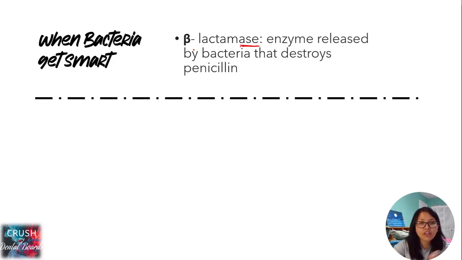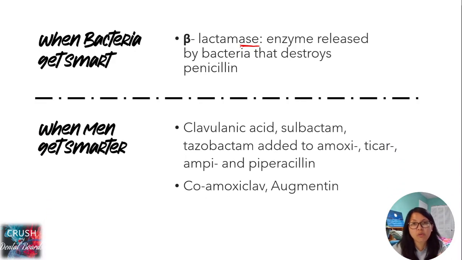However, good thing we as human beings, we can also get smarter than them. So, what's the solution? The solution is to coat penicillins with substances such as your clavulanic acid, your sulbactam, tazobactam. They are added to the usual amoxicillin, ticarcillin, ampicillin, and your piperacillin. And so we end up with something like your co-amoxiclav or augmentin. So these are brand names. Co-amoxiclav. What does that mean? So co, it means they're together.